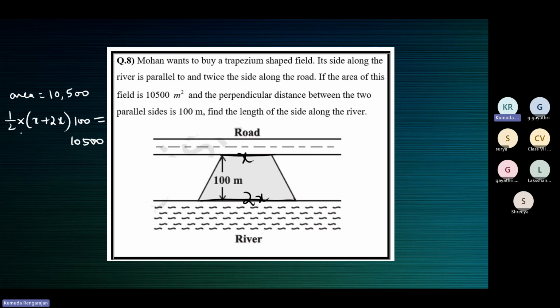Now simplify. This you can cancel. 2 ones are 2, 50 times, you can cancel. x plus 2x is 3x. 3x into 50 is equal to 10,500.